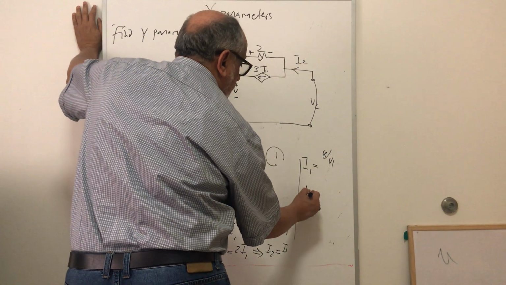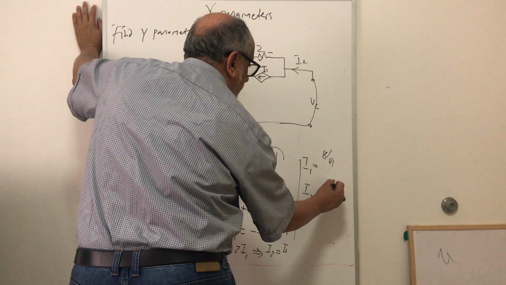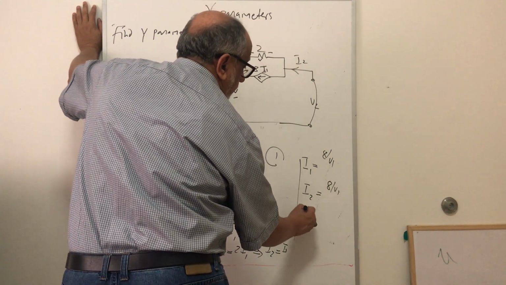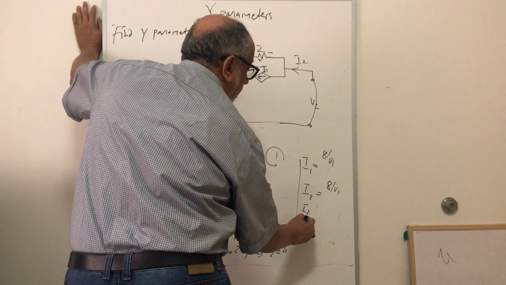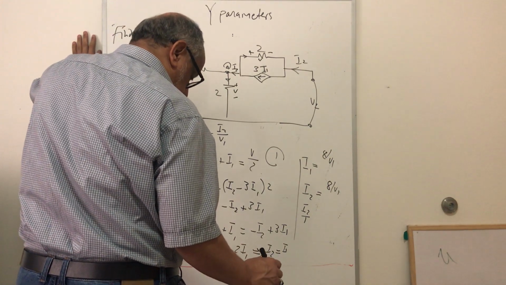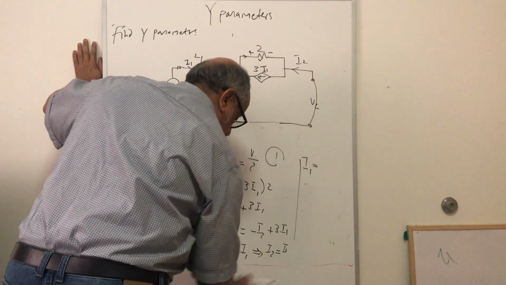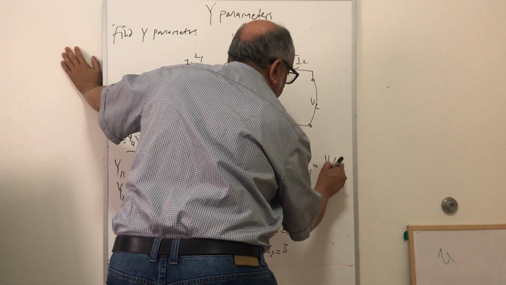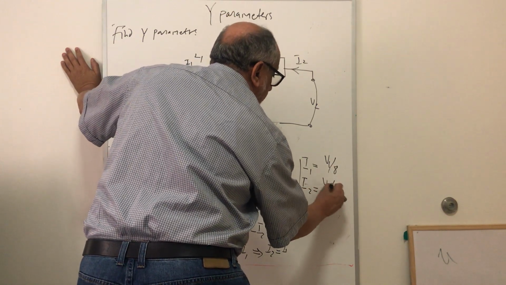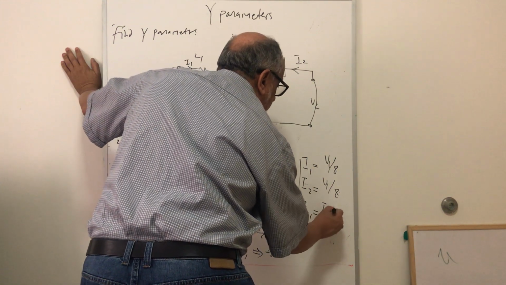So if we just substitute, then I2 equal to V1 over 8, and hence Z21 equal to I2 over V1 equal to 1 over 8.